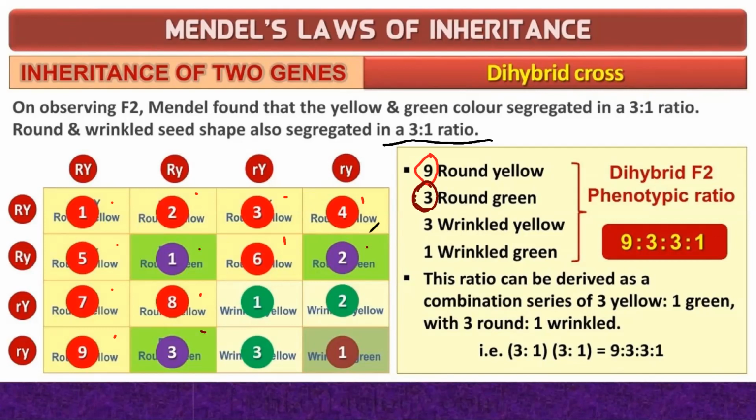The remaining 3 are wrinkle and yellow. Here wrinkle and yellow is given. Only one is wrinkle green, which is this.